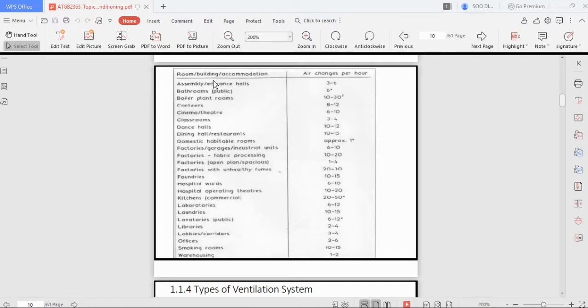So you see that there are different rooms here, and there are air changes per hour here. What is meant by air changes per hour? You see that an assembly entrance has 3 to 6 air changes per hour, and a bathroom has 6 air changes per hour.